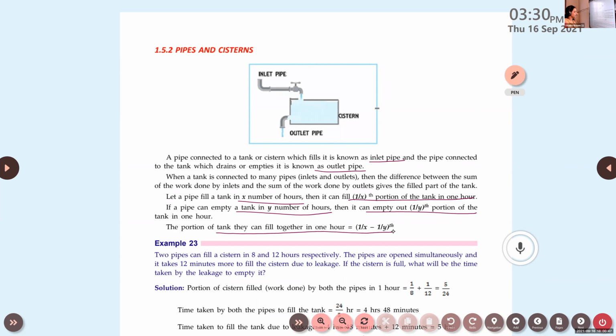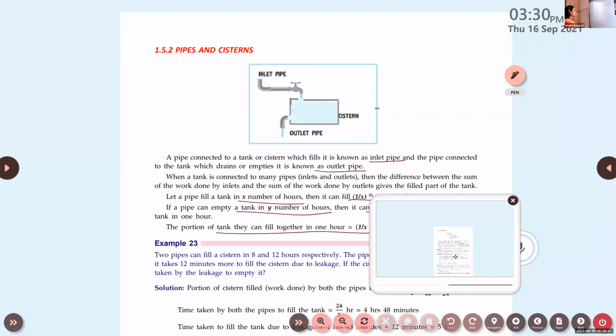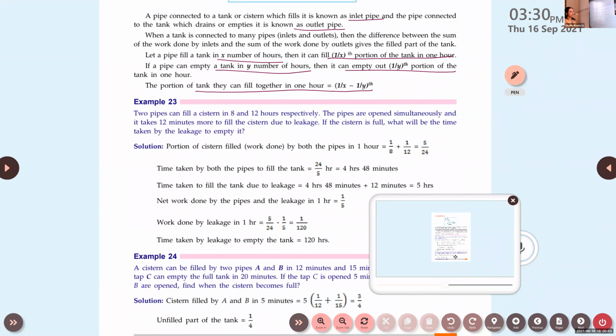Now look at the next question. Two pipes can fill a cistern in 8 hours and 12 hours. These pipes are opened simultaneously, and it takes 12 minutes more to fill the cistern due to a leakage.